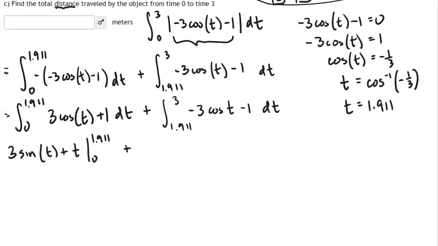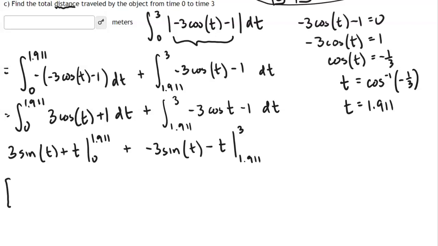Then for the other one, the antiderivative will be negative 3 sine of t minus 1t, or just t. Again, we're going to integrate from 1.911 all the way up to the second boundary, which was 3. Let's evaluate this.